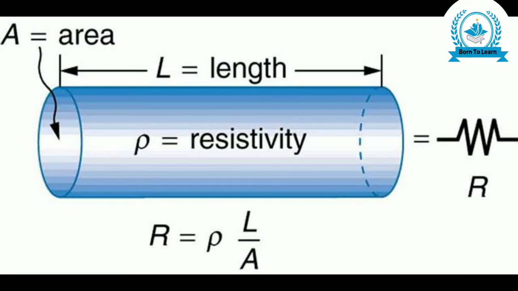Another alloy having a high resistivity is nichrome. This is an alloy of nickel, chromium, manganese and iron having a resistivity of about 60 times more than that of copper.